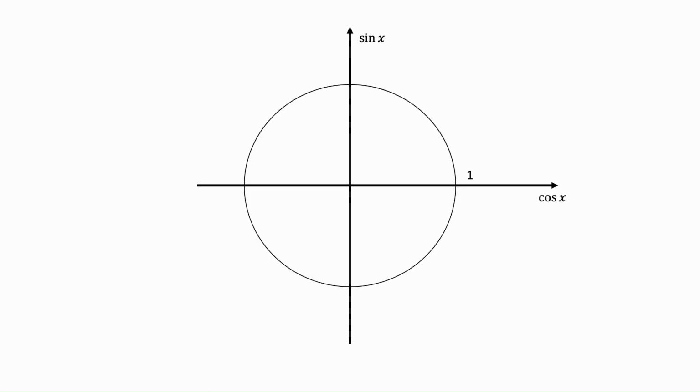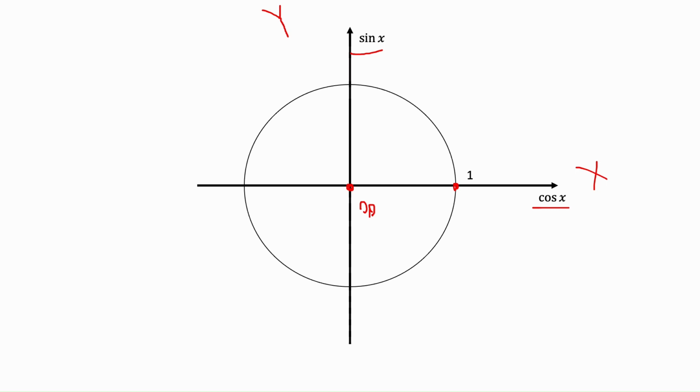Let's go and review what sine and cosine are. So we have a circle with radius 1, and the center of the circle is at 0 and 0, and the cosine value will be on the x-axis, and the sine value will be on the y-axis.